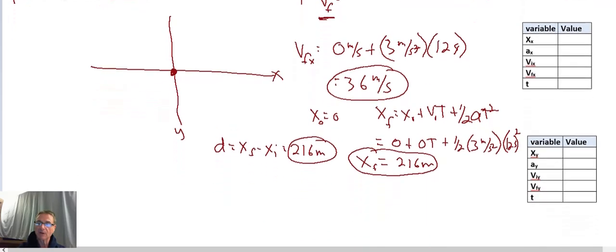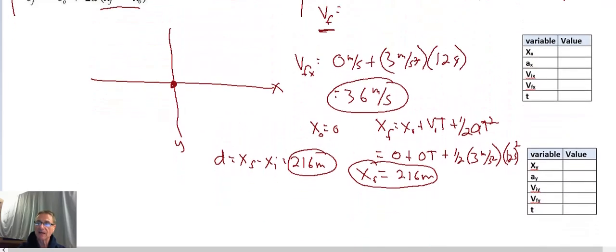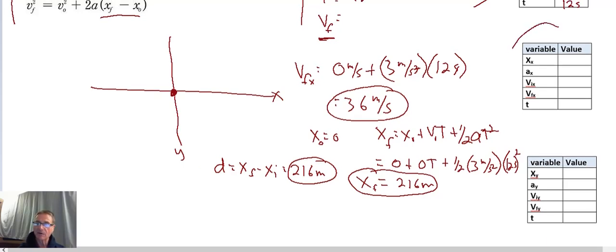Let's try a few other problems here. Notice that in these tables that I've got over here, I've got two different kinds of tables if you look very carefully. One is for x data: x sub x, a sub x, vi sub x, v final sub x, and t. And then I've got x sub y down in this table here, x sub y, a sub y, vi sub y, vf sub y, and t.